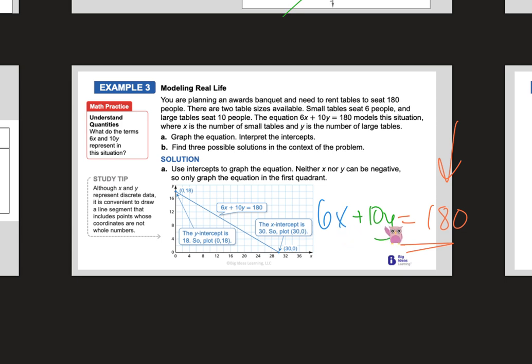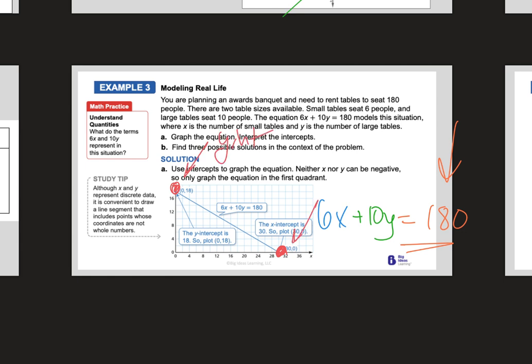Same thing with this one. This is now a model for this situation. It doesn't seem like there was a whole lot of thought that went into it, right? It just seemed like, man, we wrote that really fast. And again, that is the beauty of standard form a little bit, right? And we could find this information really fast and this information really fast because that's the y-intercept.